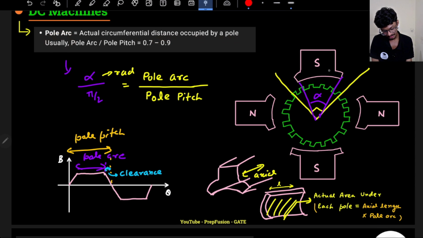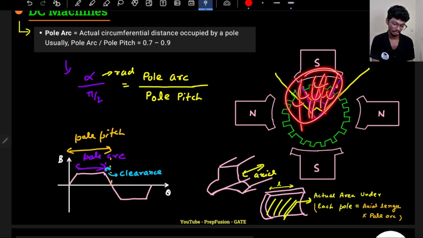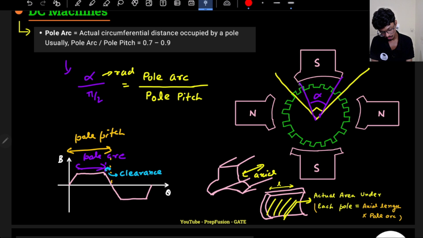Pole pitch is the distance between the two centers of the poles, but pole arc is the actual distance that the pole will cover, because it will provide some magnetic flux density. It will only cover this much region, right? It will not cover the other regions. So pole arc will be this much region only. That is what my pole arc is equal to.